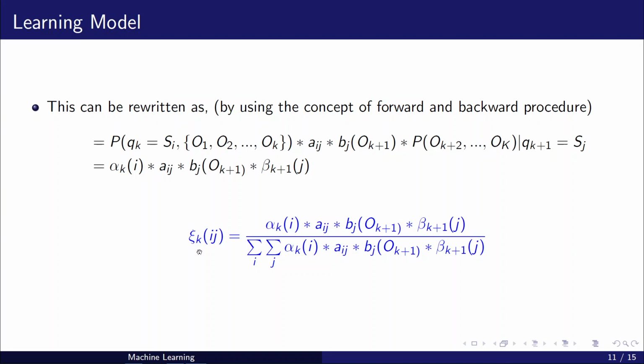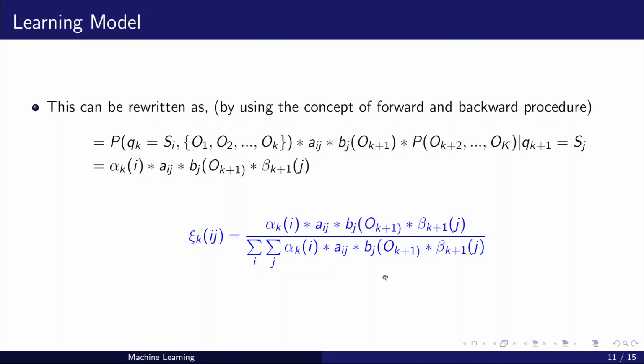Now psi k ij is defined as this value divided by the entire sum of all these probabilities, that is, sigma i sigma j of alpha k i into aij into bj of o k plus 1 into beta k plus 1 j. You divide this value by the sum over all possible values of i and j. So for a simple transition ij, you find this value and divide it by the sum of all these values.